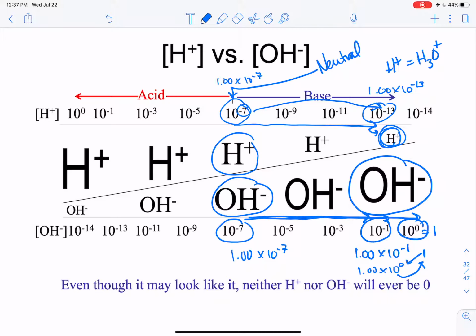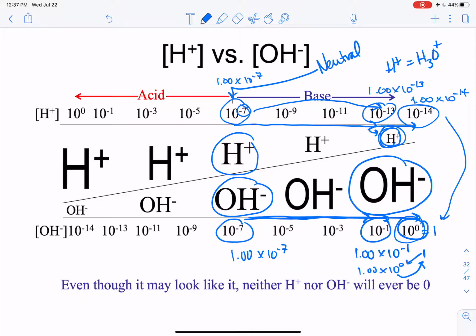And then we've decreased the concentration of hydronium to 1.0 times 10 to the negative 14. And 1.0 times 10 to the negative 14 times 1 is what? It's 1.0 times 10 to the negative 14. So this should be sounding familiar to you guys. So whatever the concentration of the acid is, when we multiply the concentration of the base by that, we're going to get a 1.0 times 10 to the negative 14.